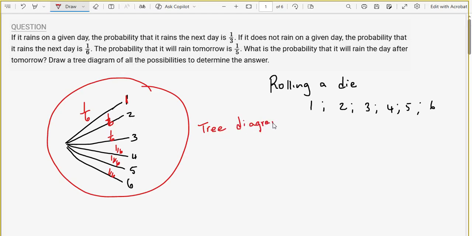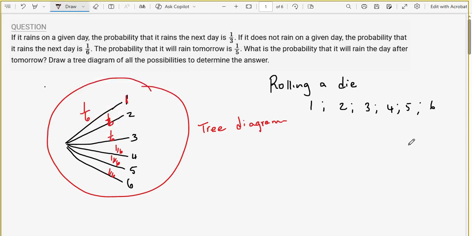Now I'm going to read the question, but before we go to a question, there's something that I need you to understand. In a previous lesson, we talked about dependent and independent events. Tree diagrams are very helpful for analyzing dependent events.